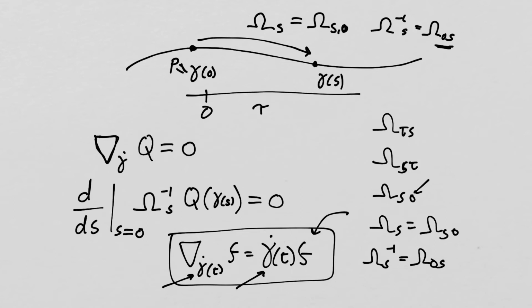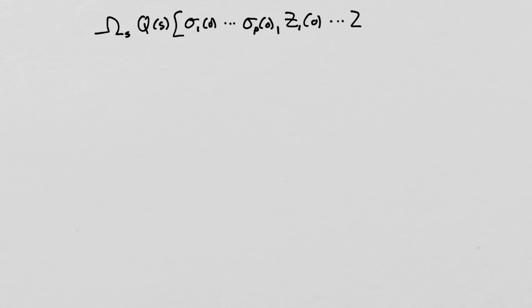Okay, so now with that we need to demonstrate a few key things before we can proceed. Some algebraic things, because with that notation we're going to go with this, on sigma 1 of 0, sigma p 0, z1 0, zq 0.